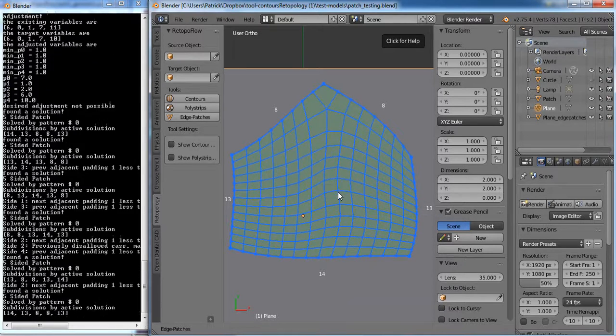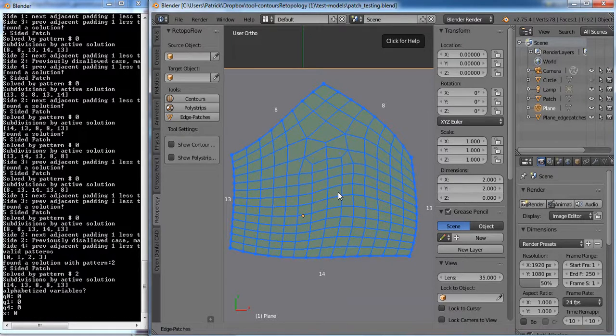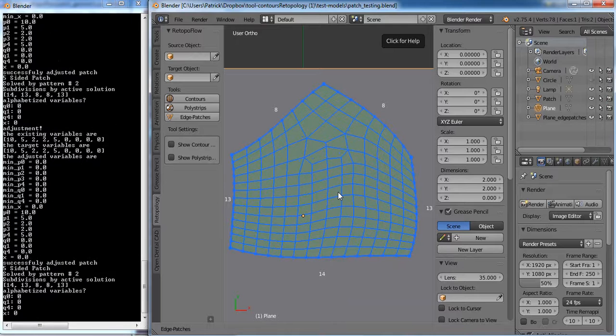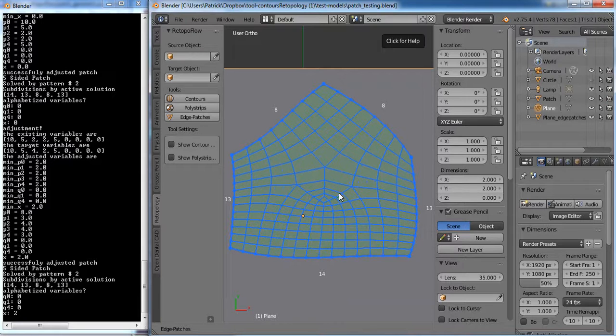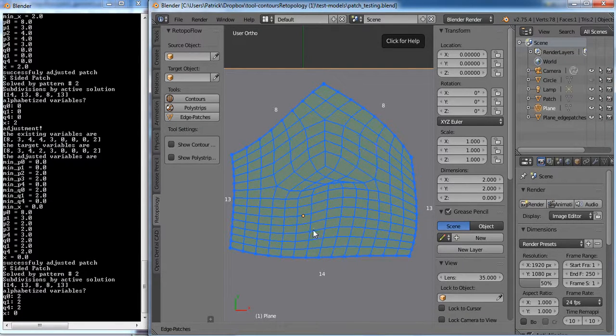Fortunately, even when I rotate it, it's all the same solution. So this one put a lot more edge flows through the one that loops around. And then that one puts more that goes zigzaggy across the sides. Okay.